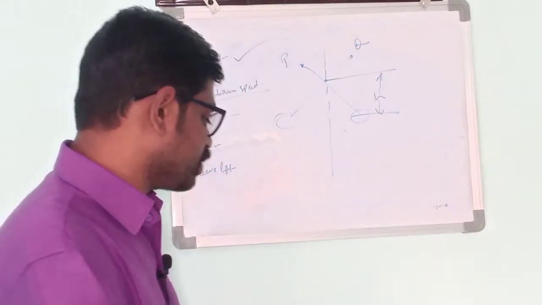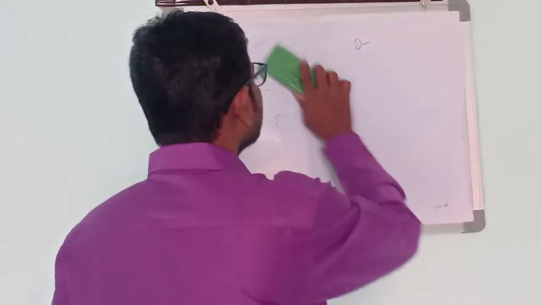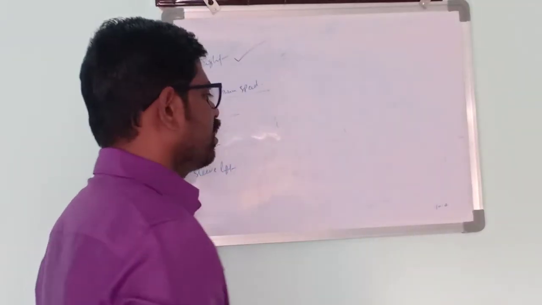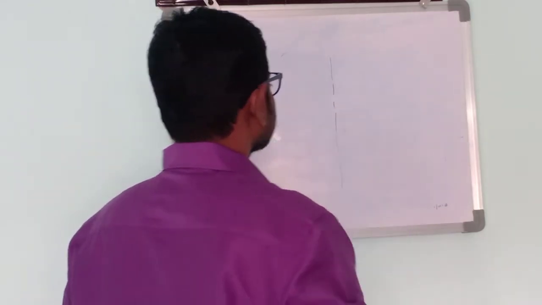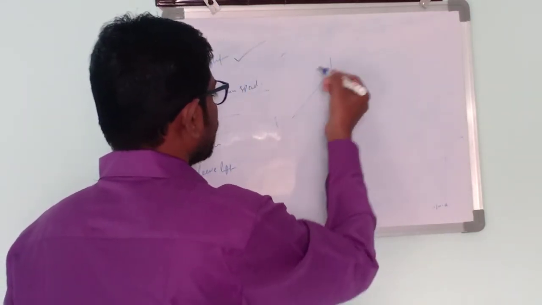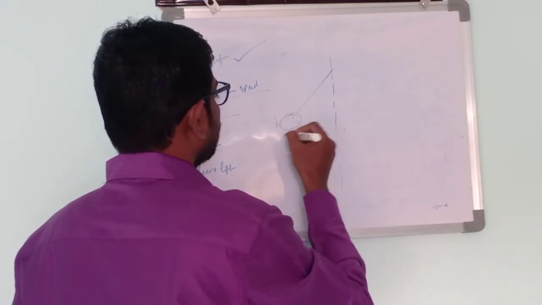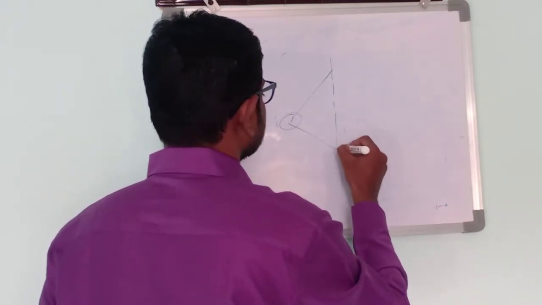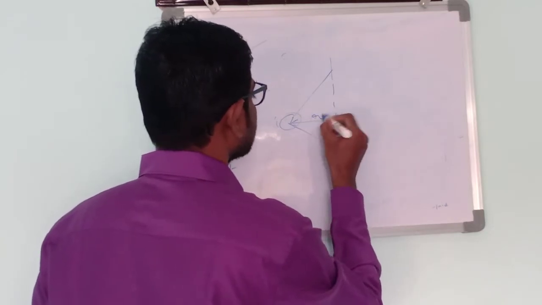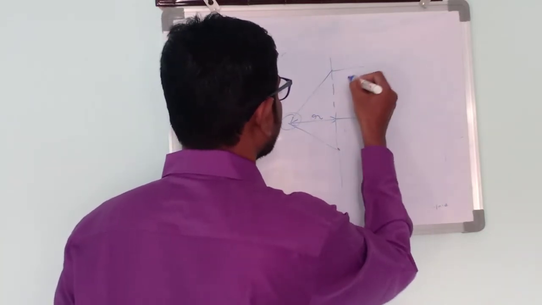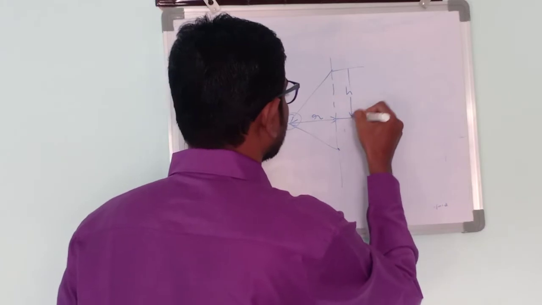How is it? I'll explain. For example, we are taking a governor. Assume this is the governor axis, and this is the upper arm, governor ball, and a lower link. From here to here, assume this is the radius of rotation r, and from here to here, this is the height of the governor h.